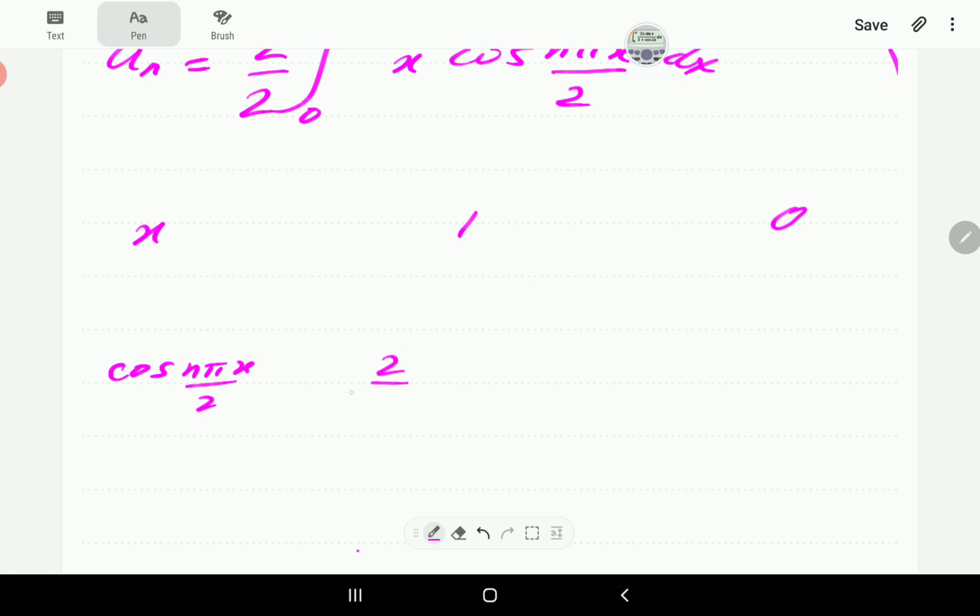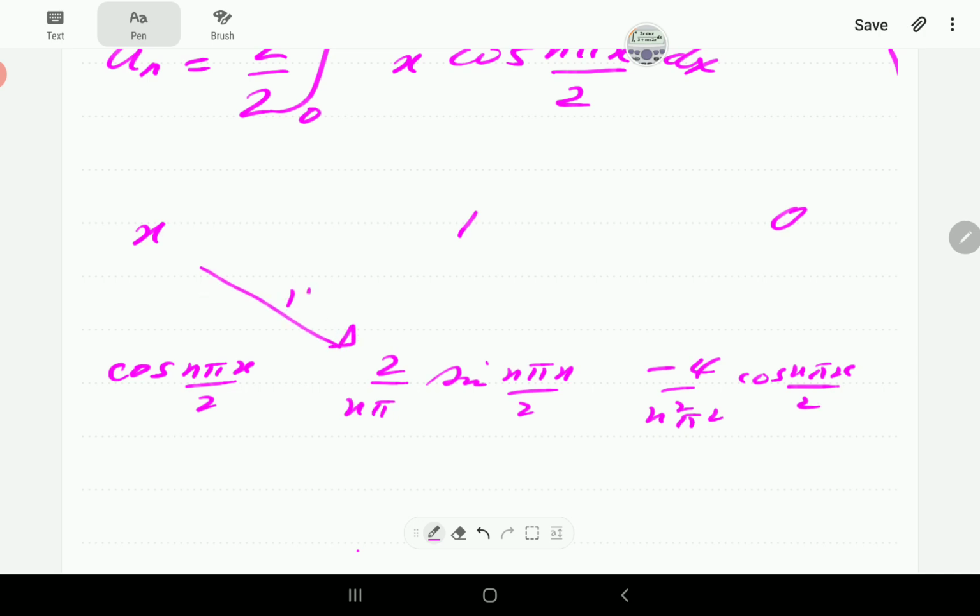So this is going to be 2 over n pi sine n pi x over 2. And the next one is going to be negative, 4 over n squared pi squared cosine n pi x over 2. Those two multiply out, and those two got a minus there.